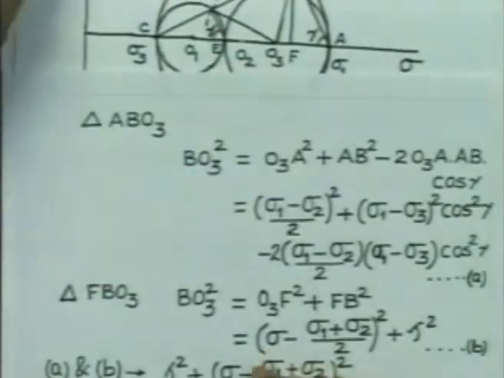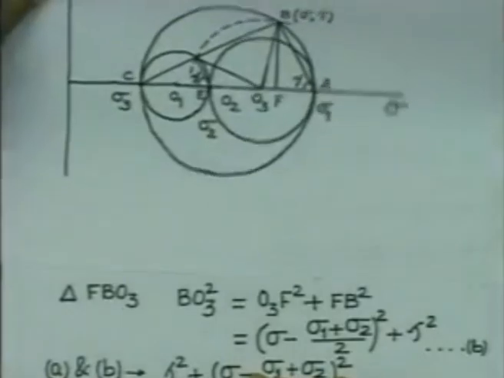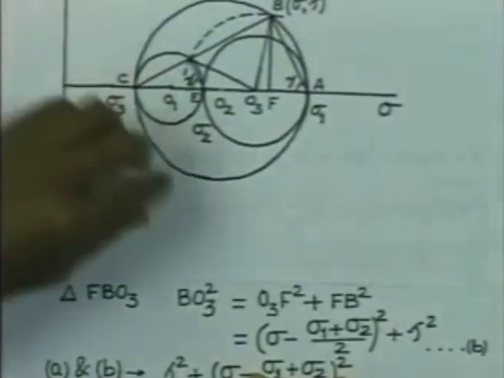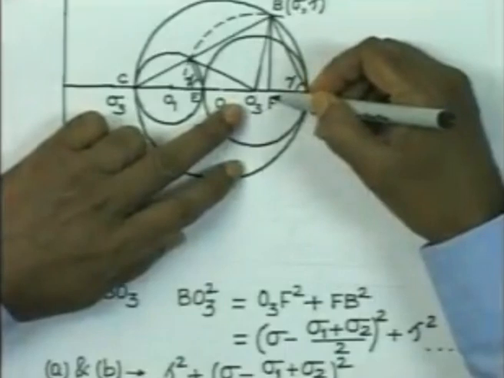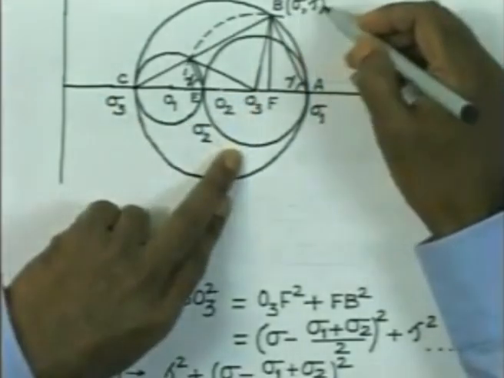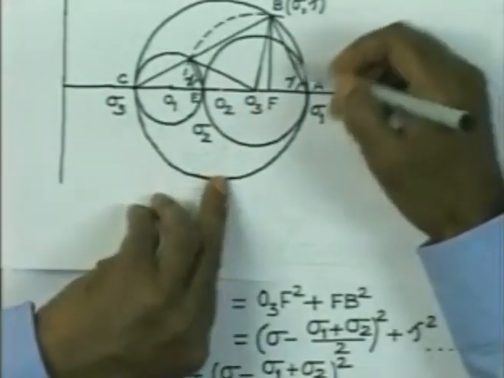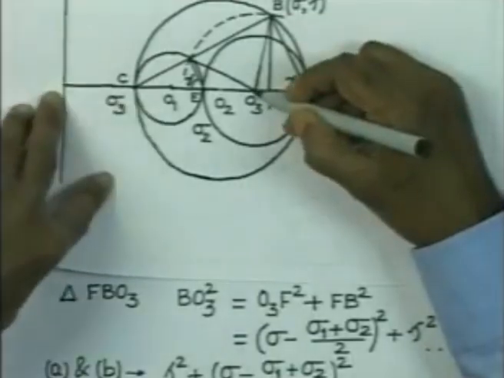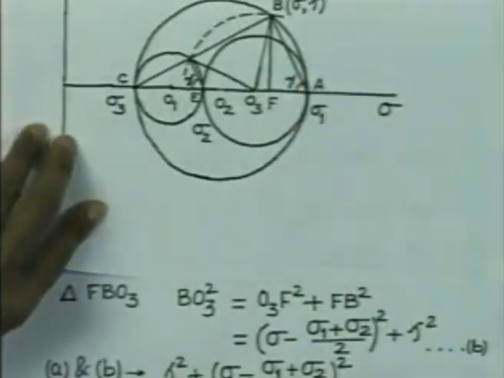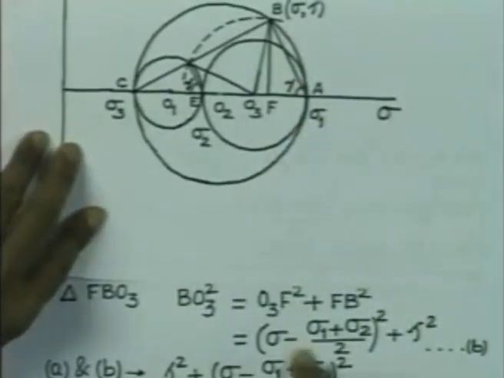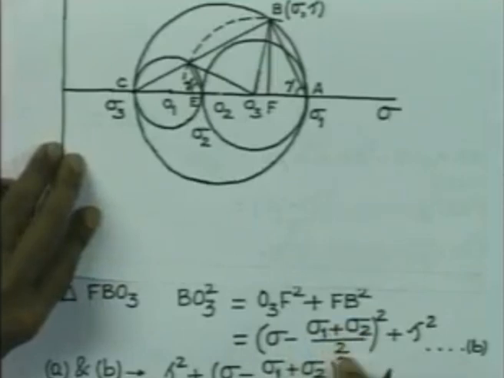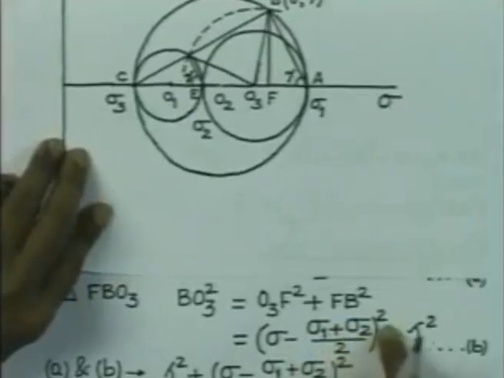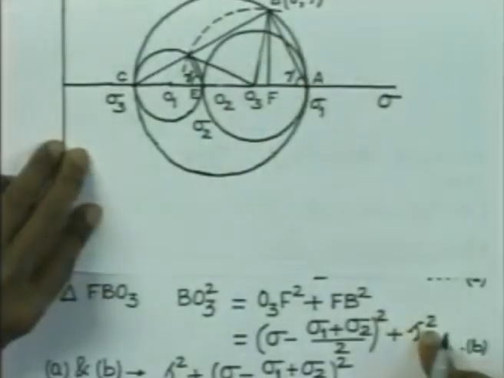O3F is nothing but this, if we consider the coordinate of this point as sigma and tau. So this distance from the origin to this point is sigma, and the center of this circle is sigma 1 plus sigma 2 by 2. So if we subtract, it is going to be sigma minus sigma 1 plus sigma 2 by 2 whole square, and BF square is tau square.